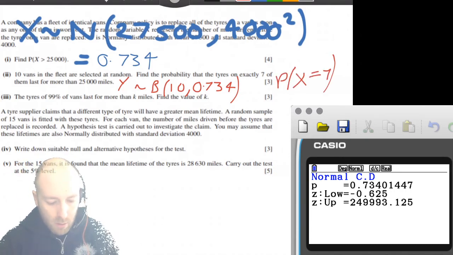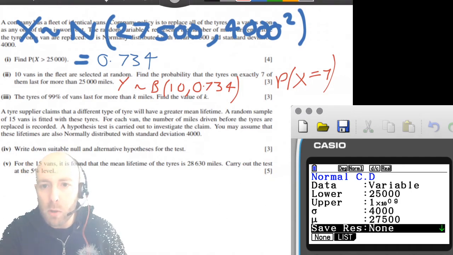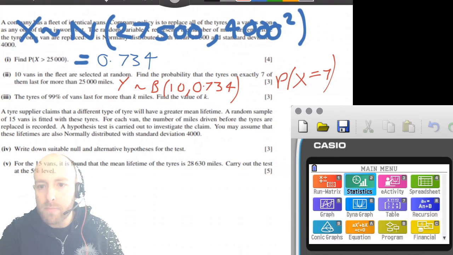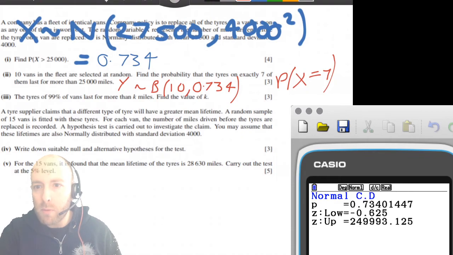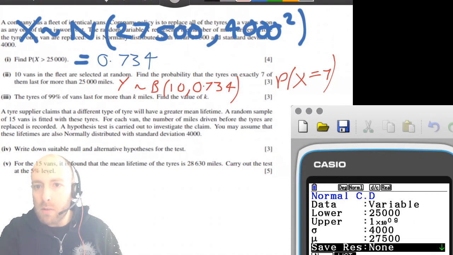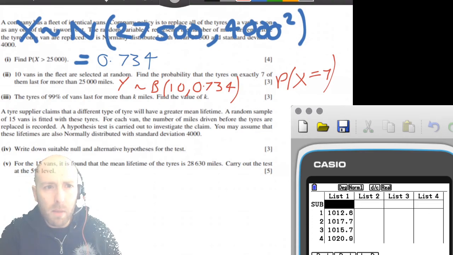Okay, so we're going to go on to our binomial distribution on the calculator. Okay, we want to go to distribution, binomial, BCD.